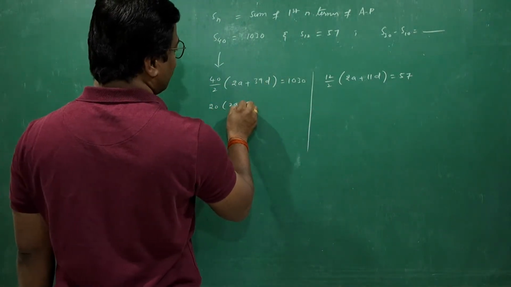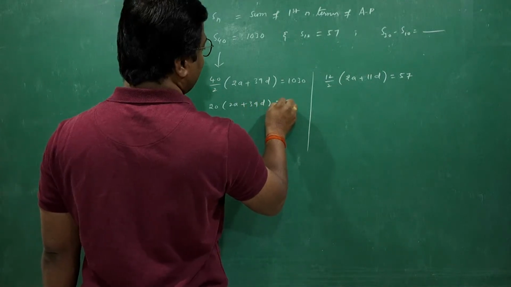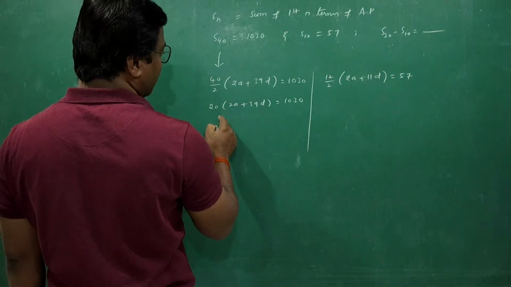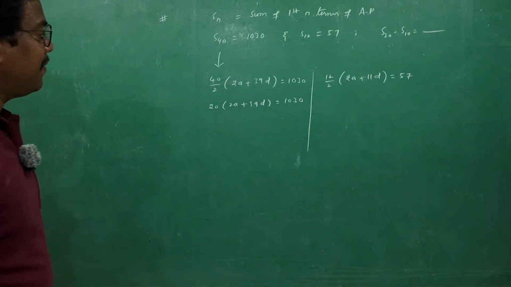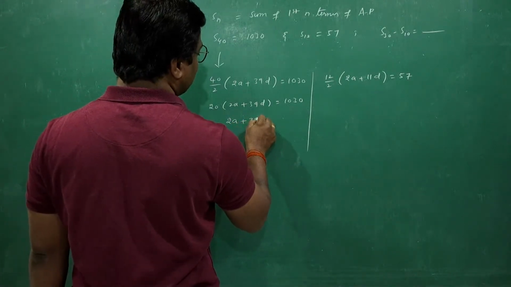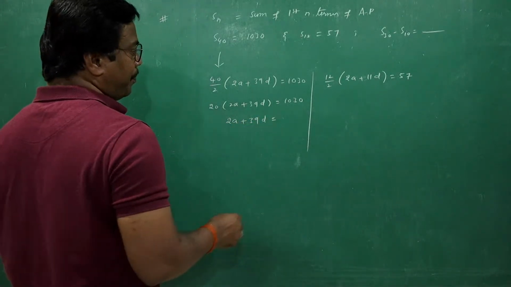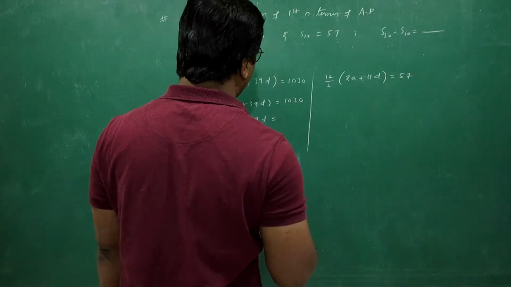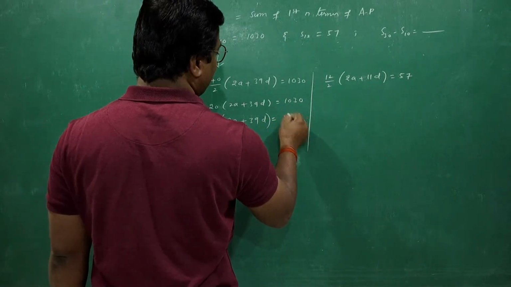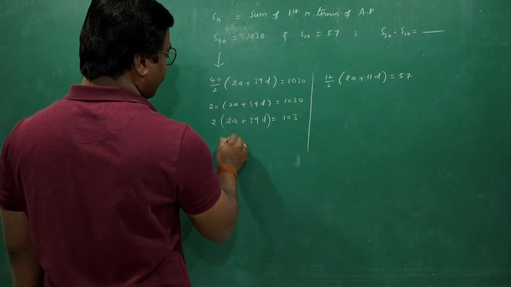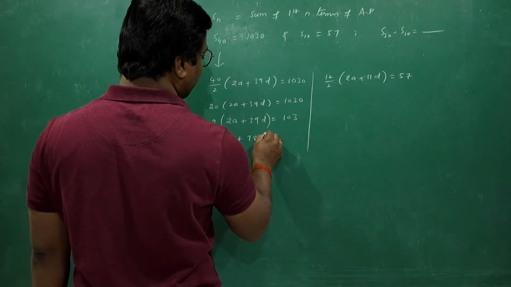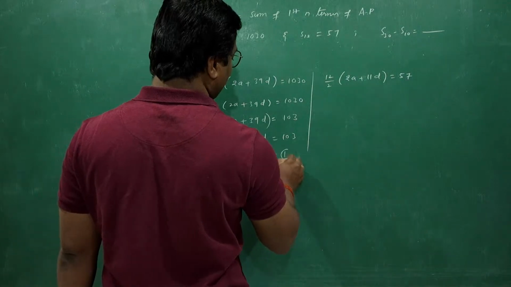20 into 2a plus 39d, which is 1030. Dividing by 10 on both the sides, you will get 2a plus 39d equal to 103. So that you will get 4a plus 39 into 2, 78d, that is 206, equation 1.